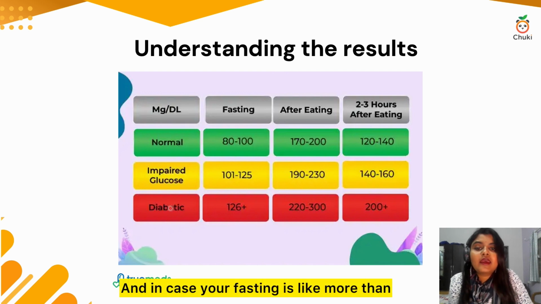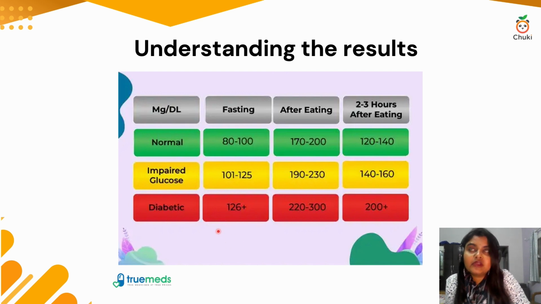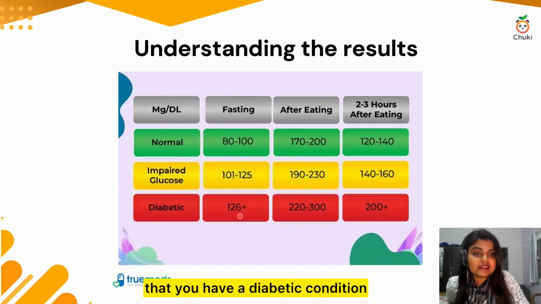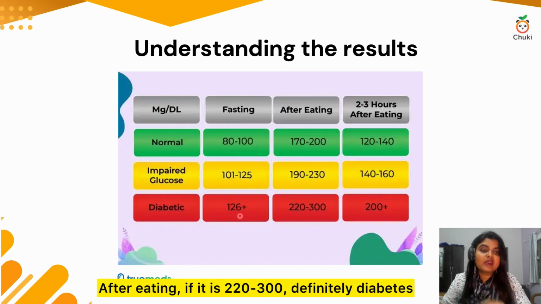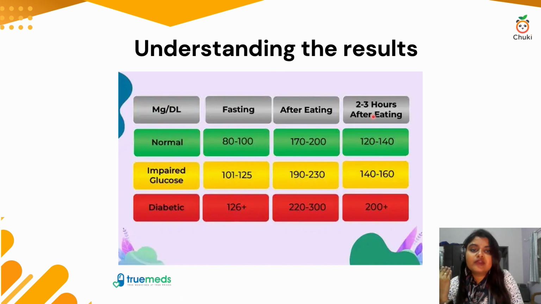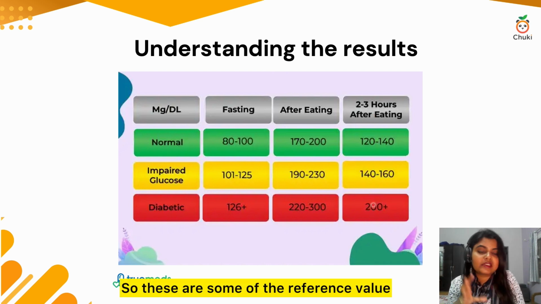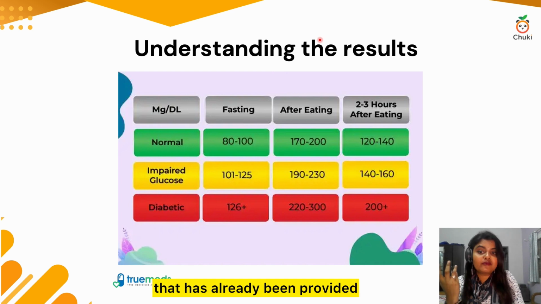And in case your fasting is more than 125 or 126 plus, then there could be a chance that you have a diabetic condition. After eating, if it is 220 to 300, definitely diabetes. 2 to 3 hours after eating, if it's 200 plus, diabetes. So these are some of the reference values that have already been provided.